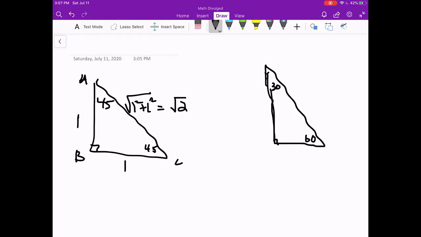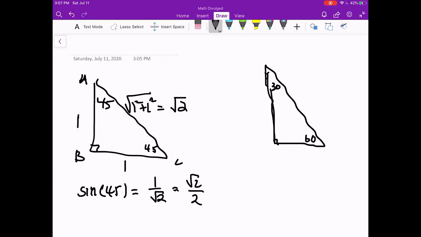So then if we calculate sine of 45 degrees, this is just equal to the length which is opposite of it, which is 1, divided by the hypotenuse, which is root 2. And if we rationalize this, it is root 2 over 2.